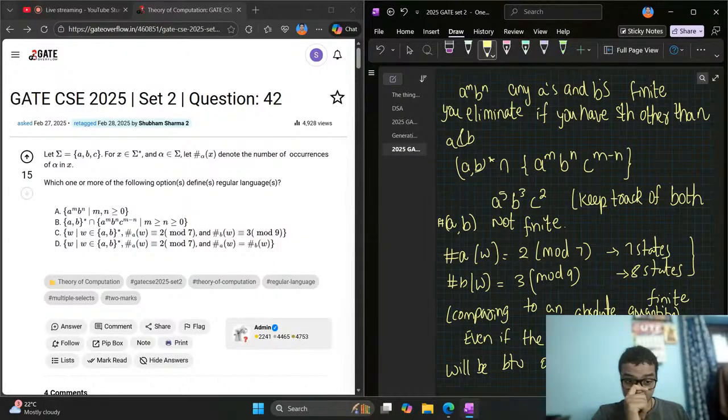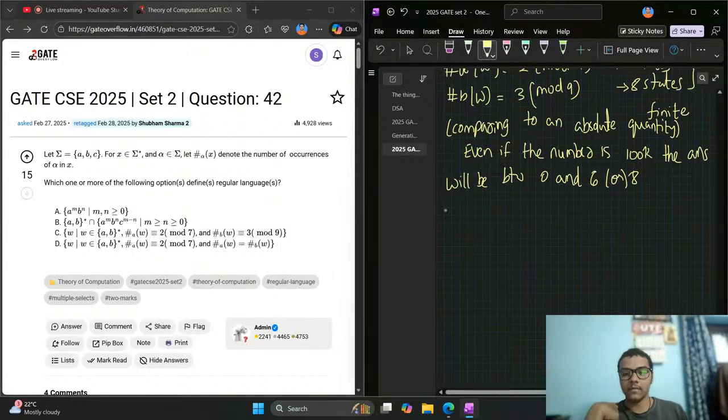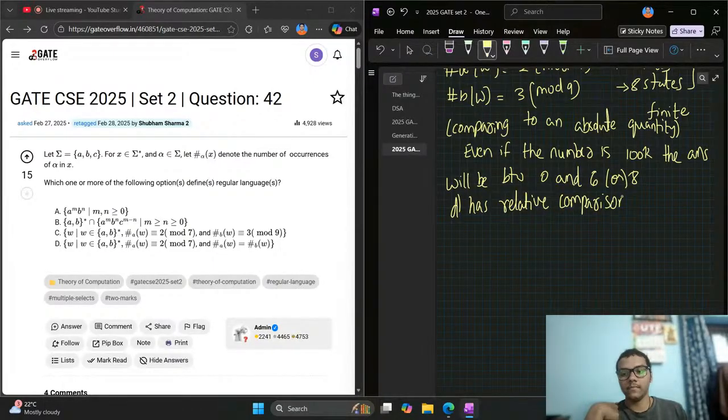And if you look at this, this part is not regular. Relative comparison. D has a relative comparison. So, no RL.